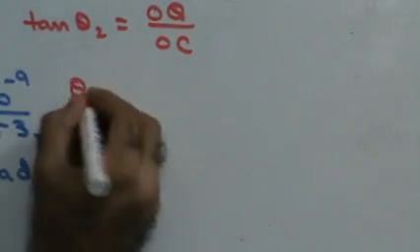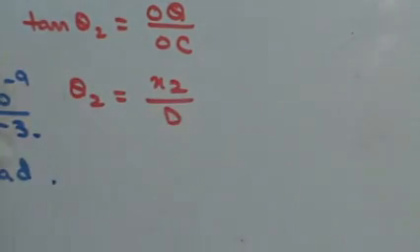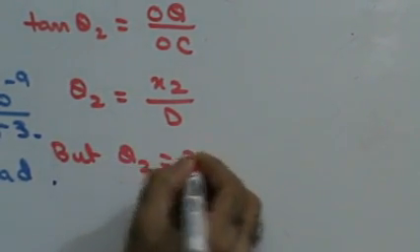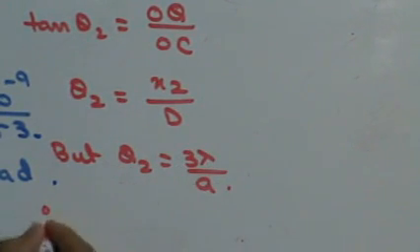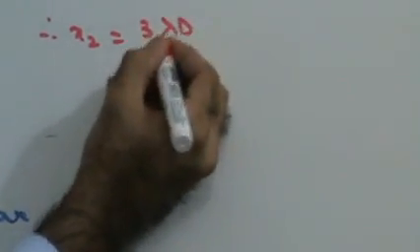Since θ2 is very small, θ2 is x2 upon d. But we have found out that θ2 is 3λ by a, therefore 3λ by a is x2 upon d, so x2 is 3λd by a.